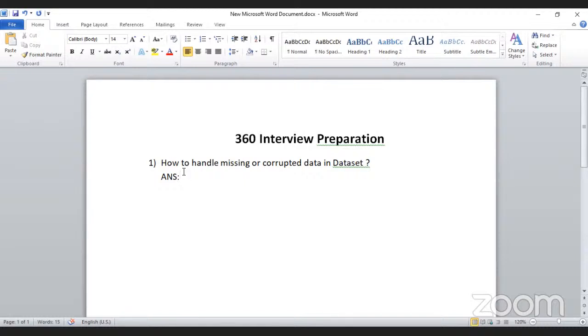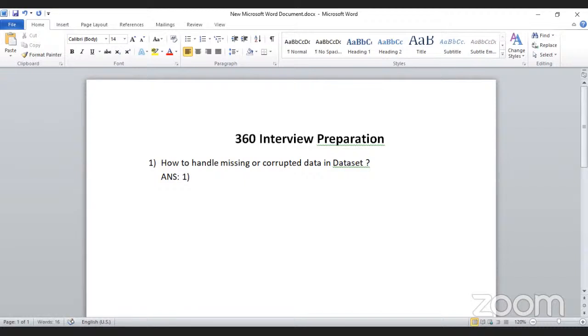So the question is how to handle missing or corrupt data in a data set. There are some pandas methods we are going to use.